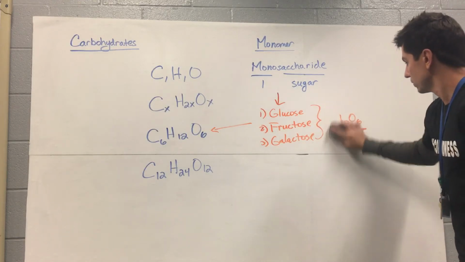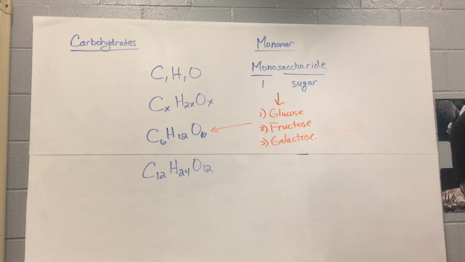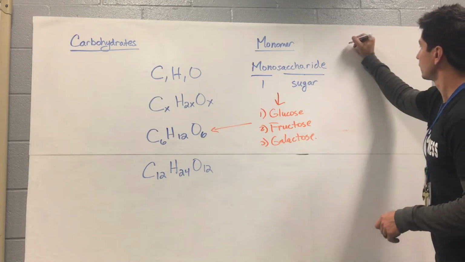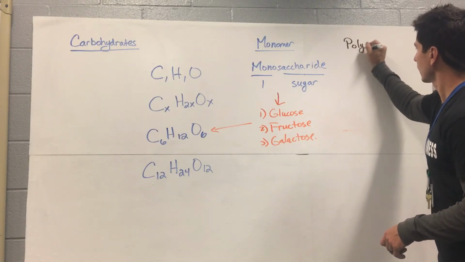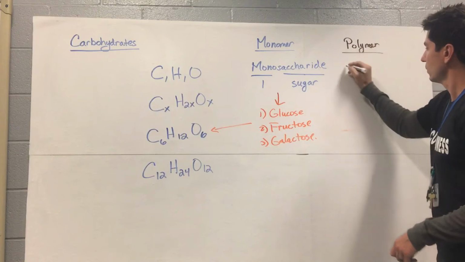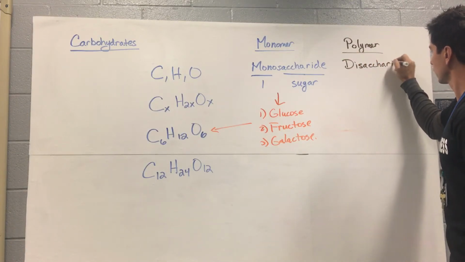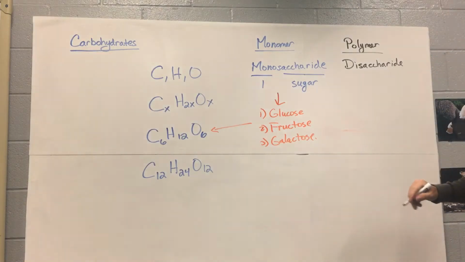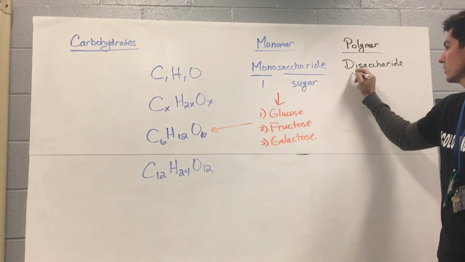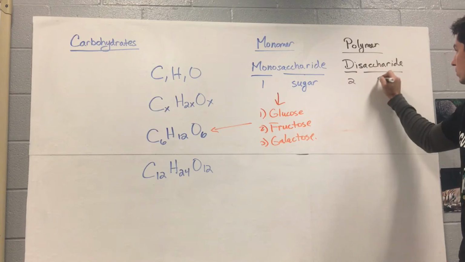All right. And then lastly, we went over the polymers. Okay. We had our disaccharide, which was 2 monosaccharides bonded together. So this literally means 2 sugars.